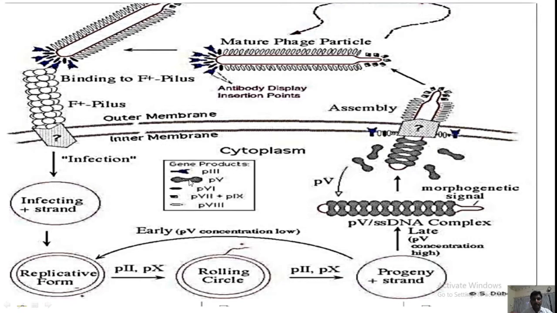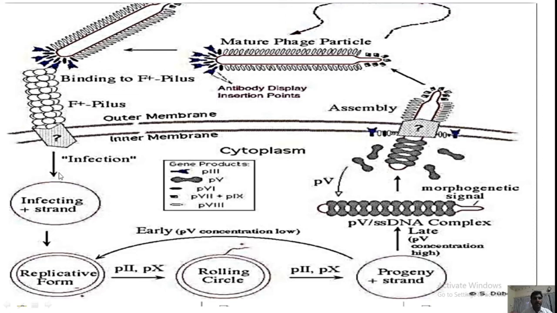This is the bacteria. This is the outer membrane of the bacteria, and this is the inner membrane of the bacteria, and this is the cytoplasm. So this is the outside environment. An M13 phage comes over here and interacts with the sex pilus, and then it introduces its single-stranded circular genome into the bacterial cytoplasm.